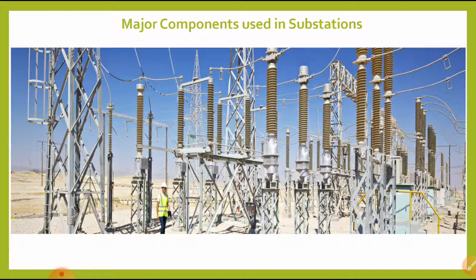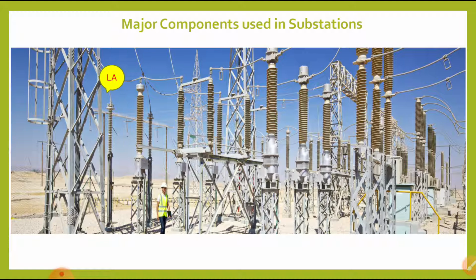Now let us see the first one here, lightning arresters. They receive the incoming feeder power first of all. Lightning arresters are of different types. Whenever surges come due to lightning, before reaching our costly equipment, the transformer, it diverts them to the ground. A lightning arrester consists of non-linear resistive elements.